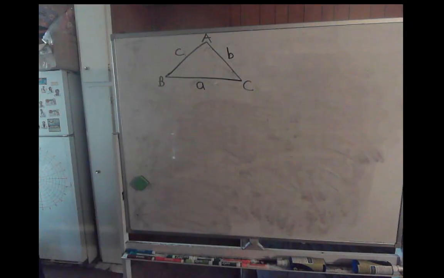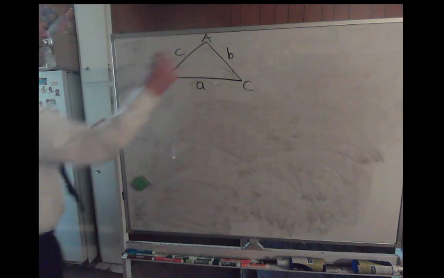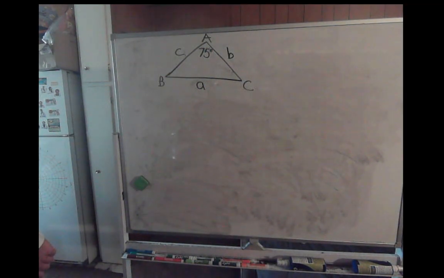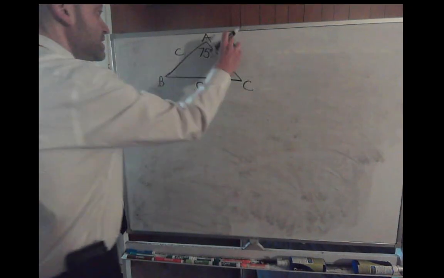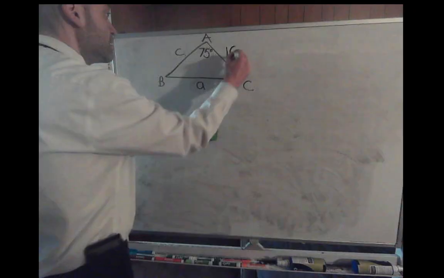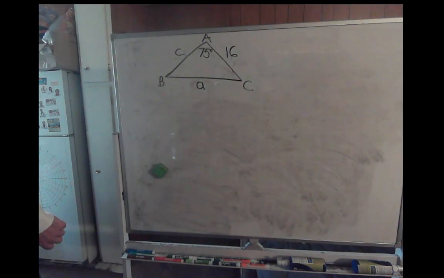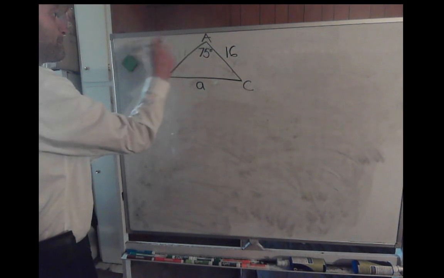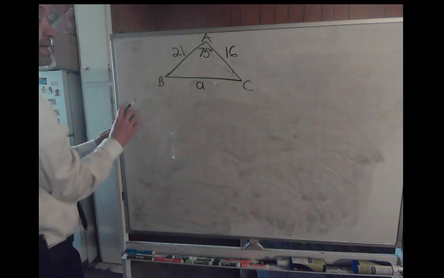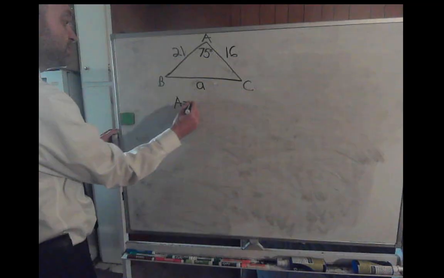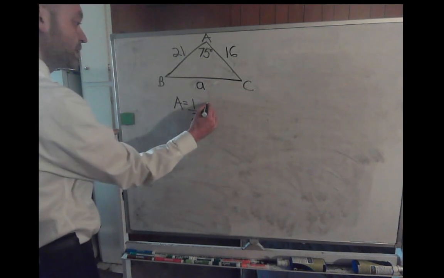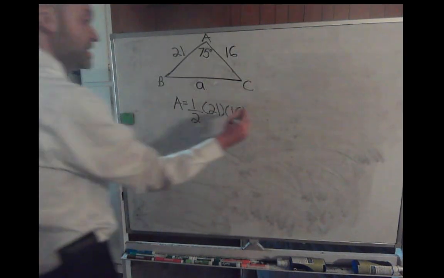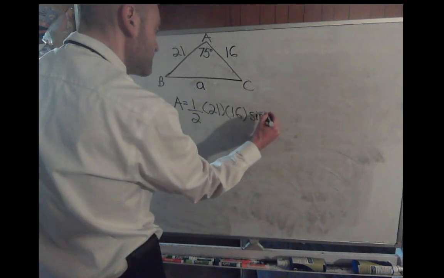I have about 6 more. Angle A this time is 75 degrees, side B has a length of 16, and side C has a length of 21. We can find the area, which is equal to 1/2 of 21 times 16 times the sine of 75 degrees.